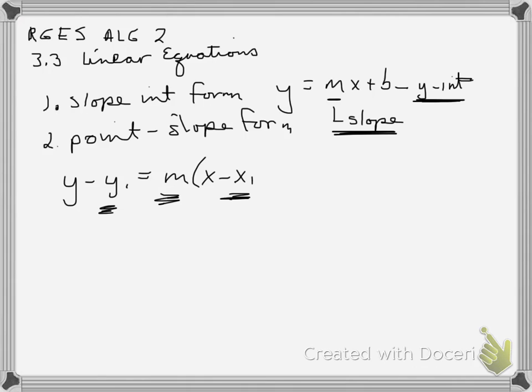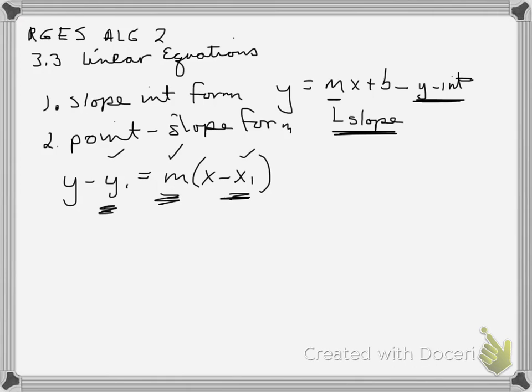So what we're getting here is we're going to be able to quickly read off a slope and an x and a y. So the x and the y would represent a point, and m would represent the slope.